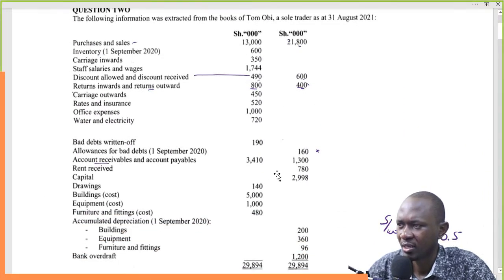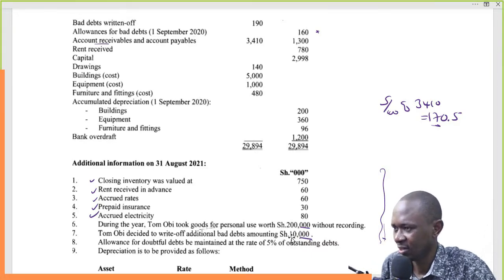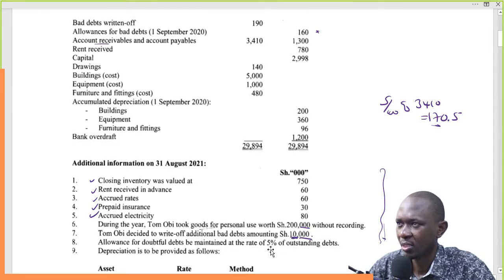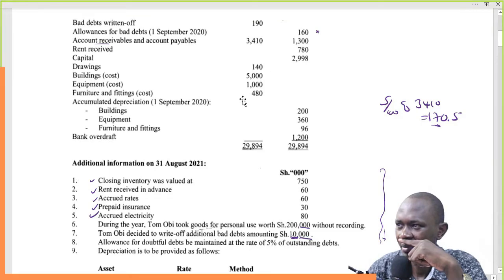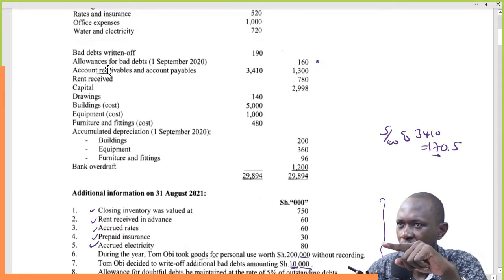Now, bad debts written off, 190, but there are some workings on bad debts. Tomobi decided to write off additional bad debts amounting to 10,000. So this is 10, remember the zeros should be restricted. So it's 10 plus what was existing before, which is 190.